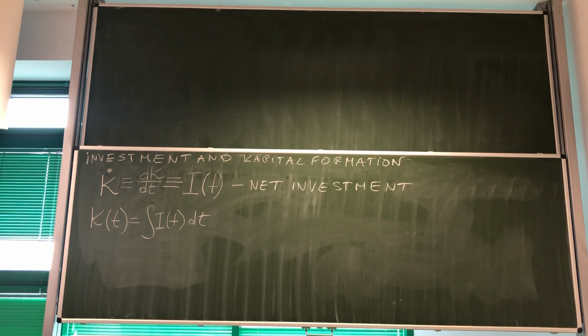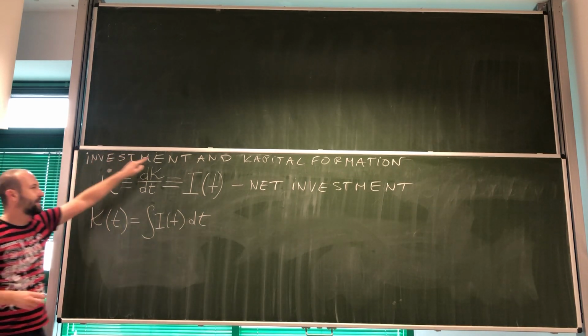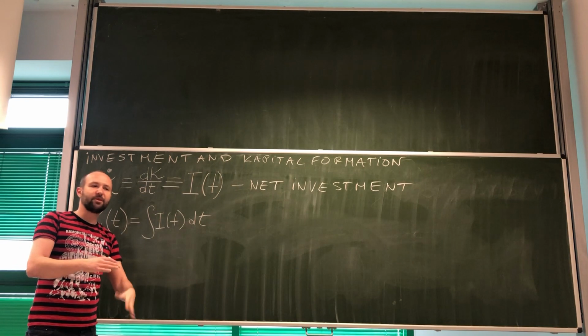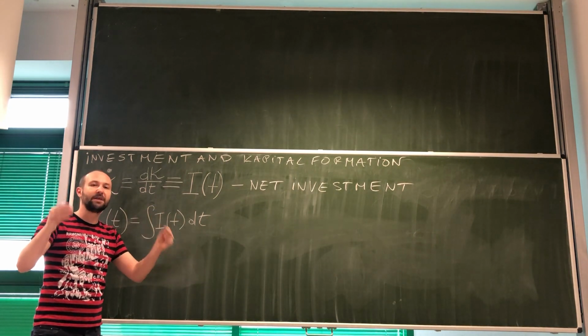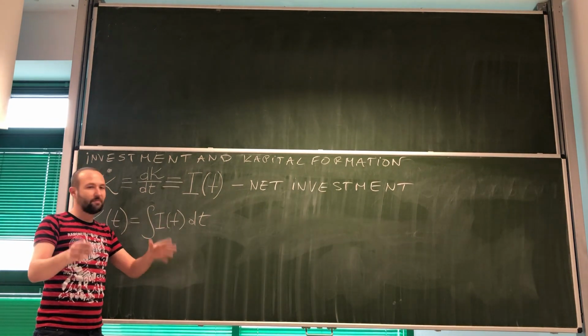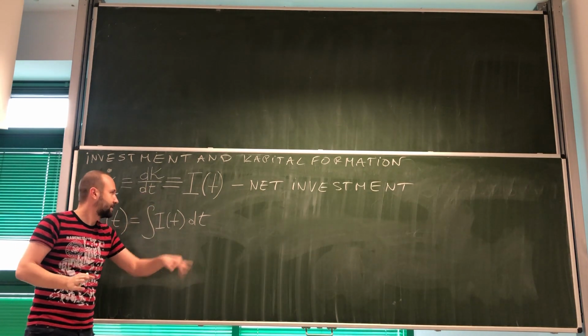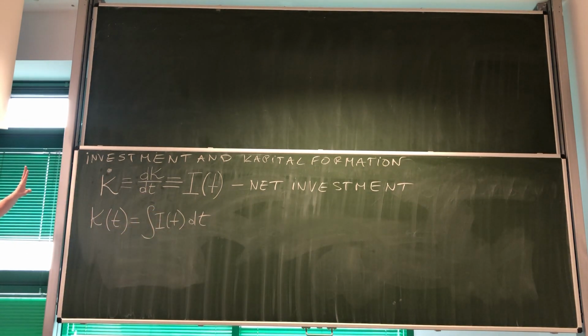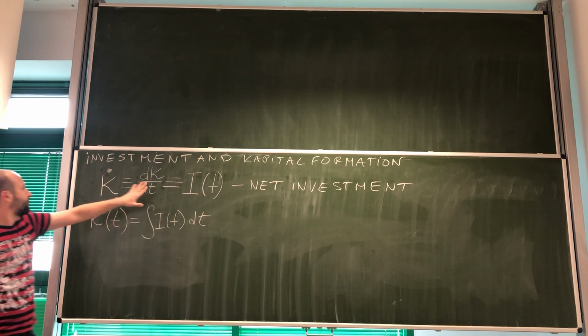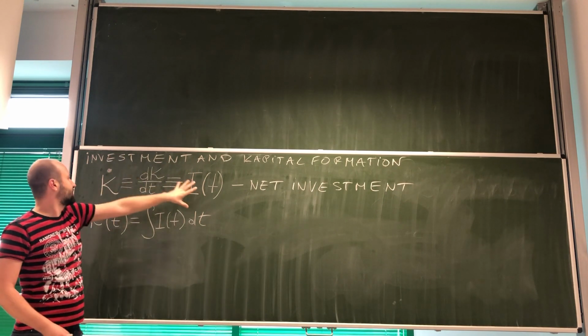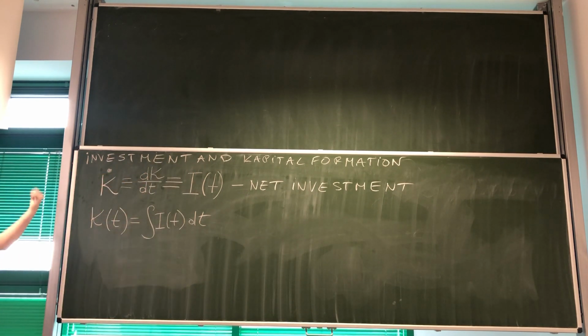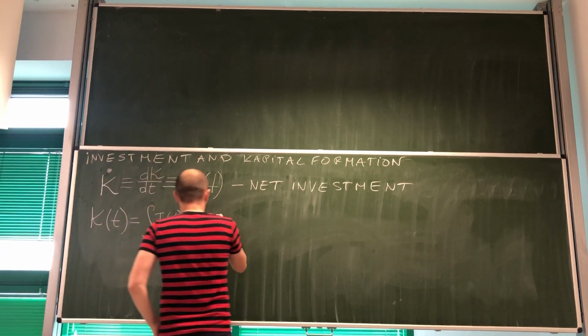Look, it makes perfect sense, because if I differentiate capital and I'm getting investment, and if I say investment, I mean net investment. If I want to say gross investment, I'm just going to say gross investment. Of course we clearly see that if investment is the first derivative of capital, then capital must be an integral of investment. And we can easily show it.